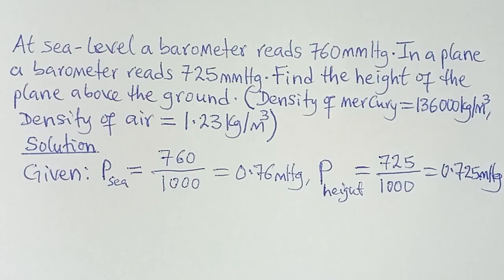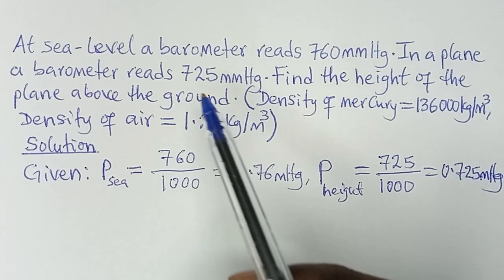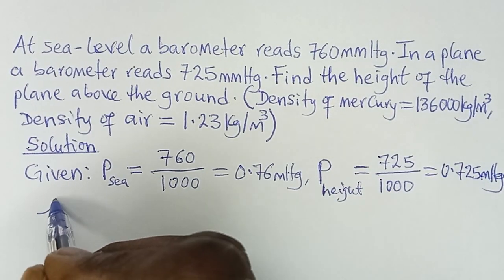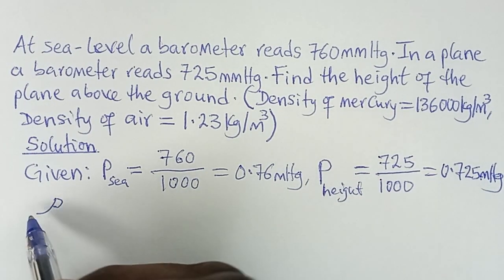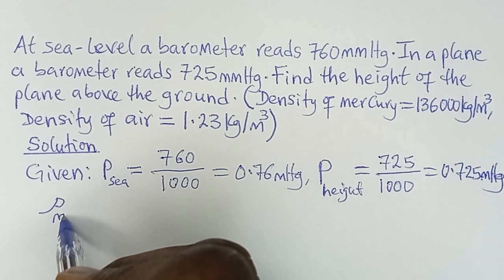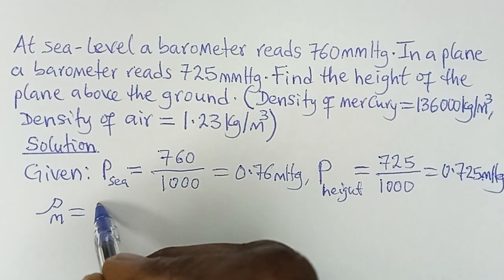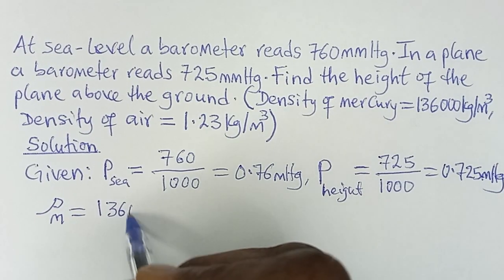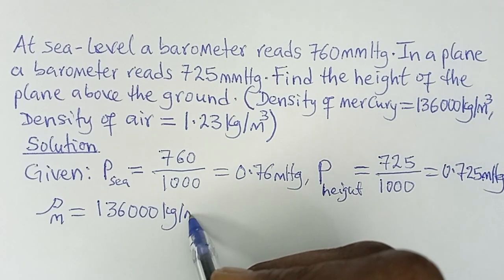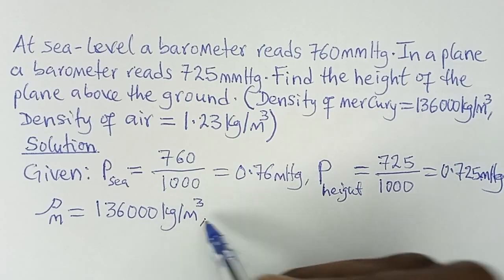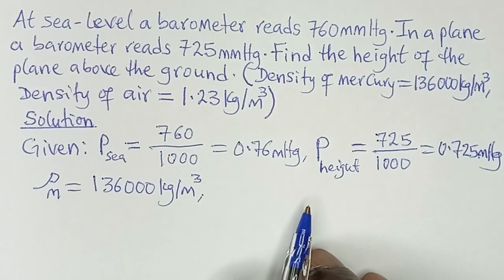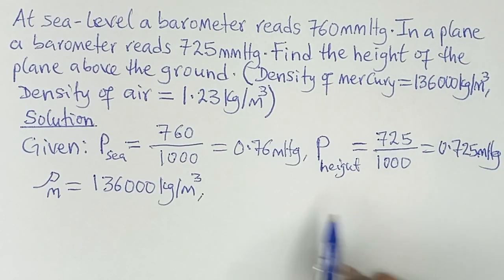Now, what else are we given in the question? We are given the density of mercury. I'll take that as rho. Please, this is not P but rho. The symbol for density is a Greek letter. So rho M, density of mercury, is 136,000 kilogram per meter cube. Don't forget, mercury is used in the barometer.